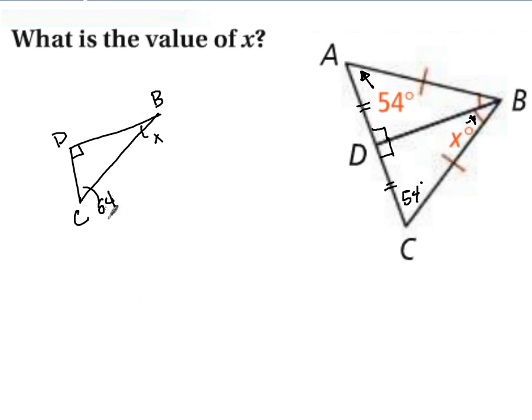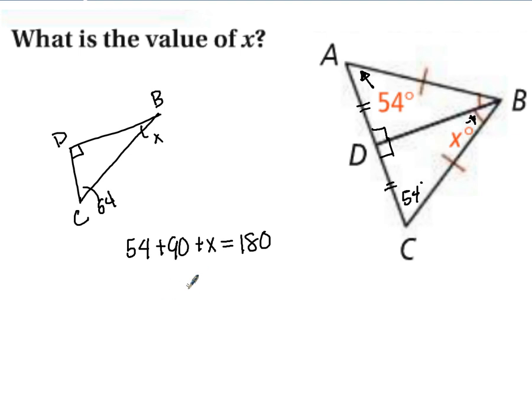With triangles, we know that all triangle angles add to 180 degrees. So that means that 54 plus 90 plus x equals 180 degrees. Okay. Now I need to solve for x. So I'm going to combine like terms and add my numbers together.